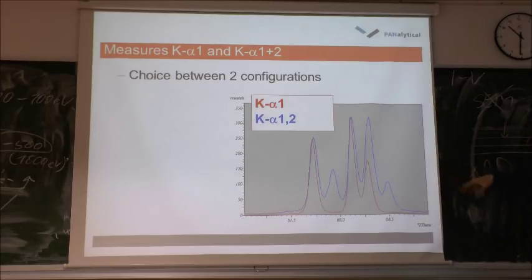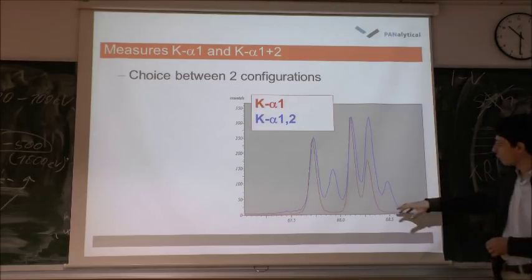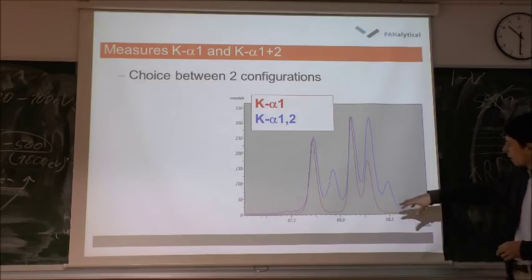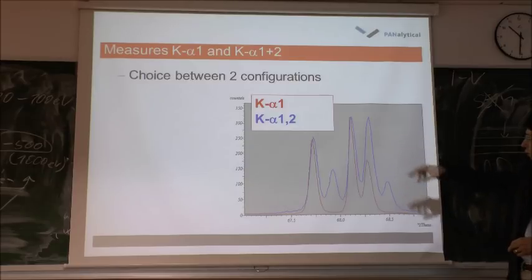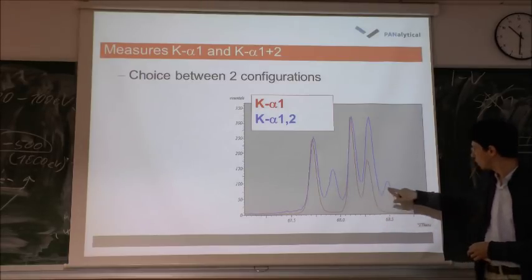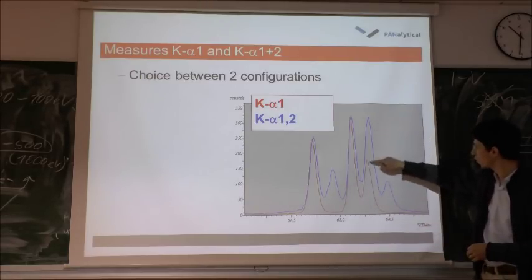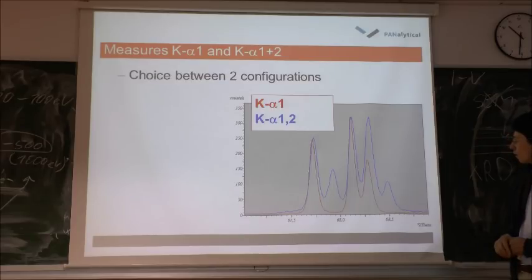Let's say this is the example of both radiations. So here we have, let's say, 1, 2, 3, 4, 5 peaks for K alpha 1 and 2. And actually when we go to K alpha 1, we can see that this one and this one are removed, while this one is decreased to half of the value.